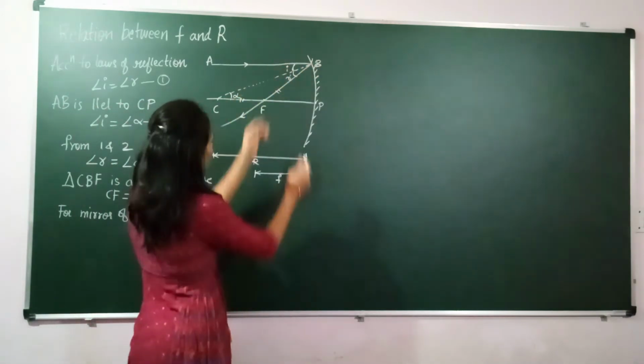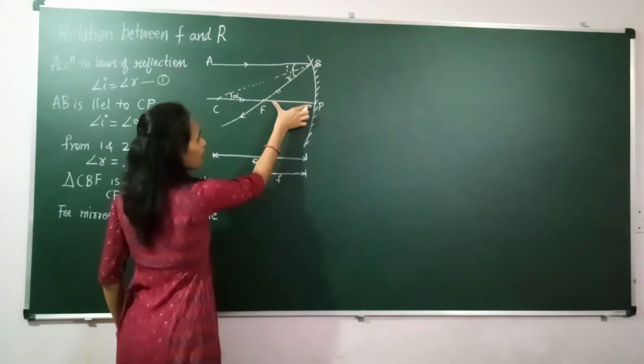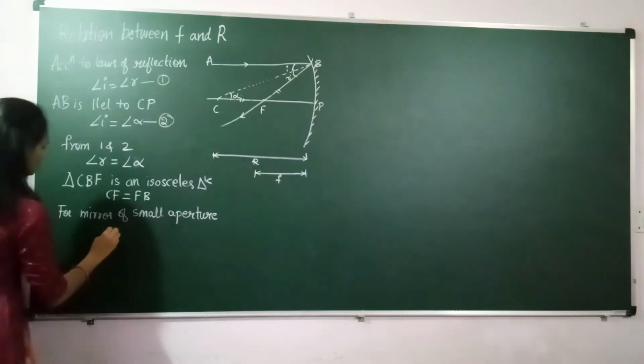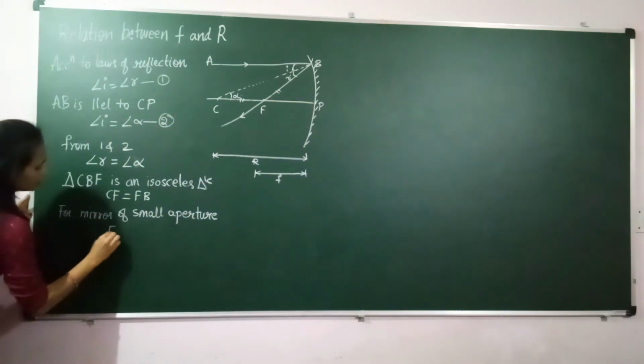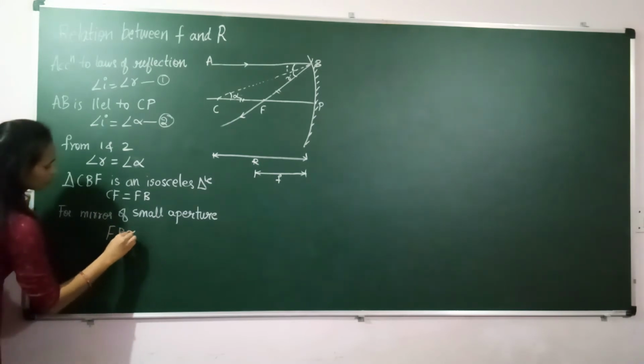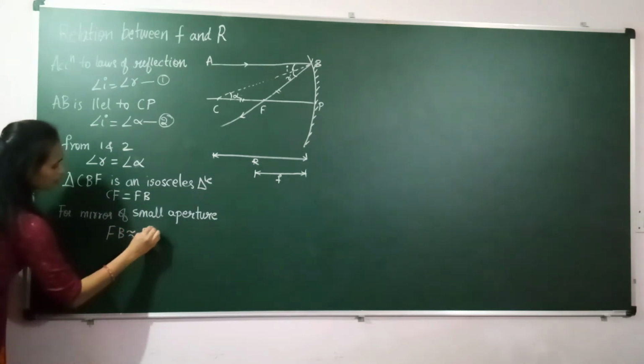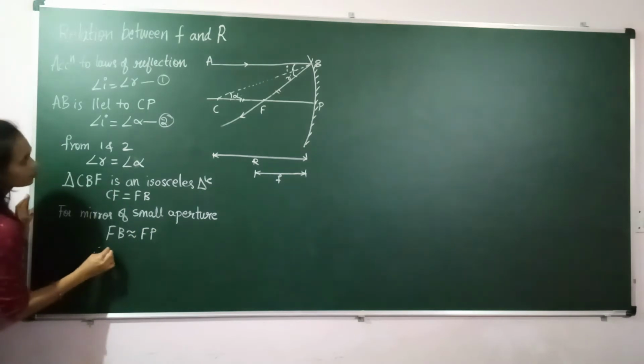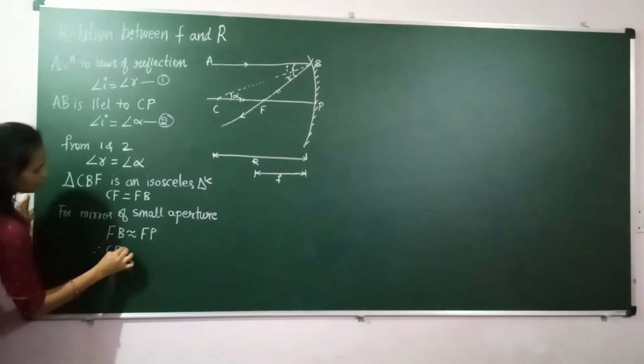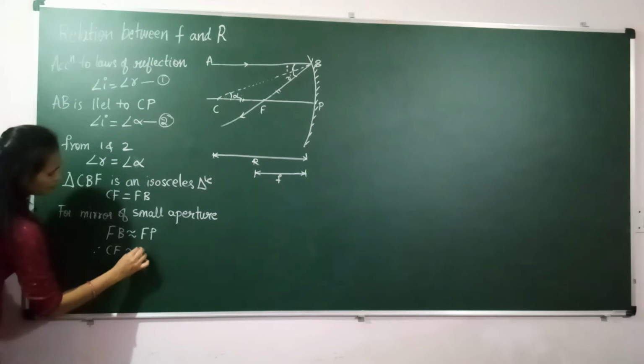For a straight line we can write FB is equivalent to FP. Therefore CF is equivalent to FP.